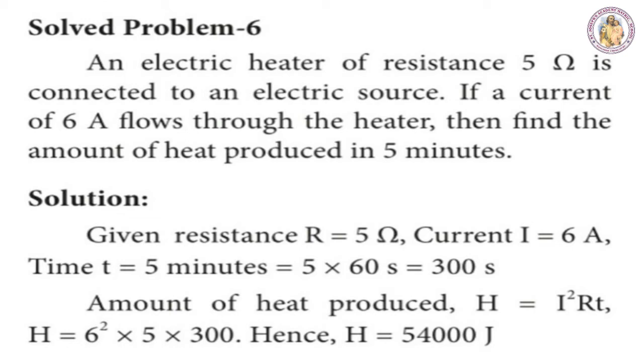Substitute all these values and multiply, we will finally get 54,000 joule. So the amount of heat produced in 5 minutes is H is equal to 54,000 joule.